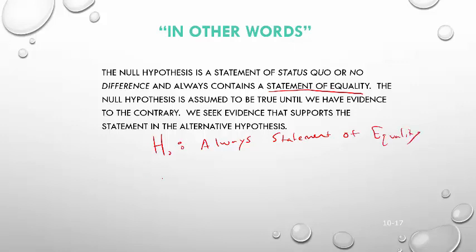And then the H1 is either going to be a not equal to, a greater than, or a less than sign, always in the alternative. And you're going to use the keywords to figure this out. So use keywords to help with setup.